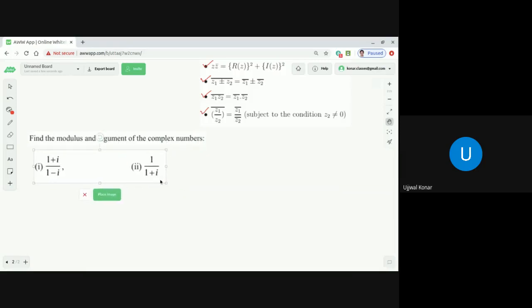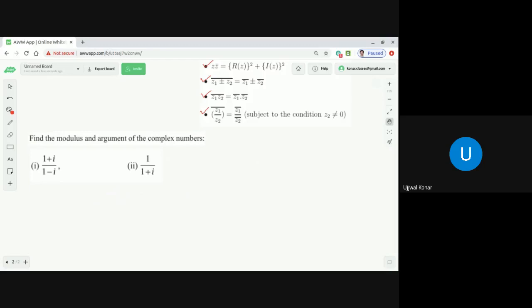So first, let me know, dear students, to find the modulus and argument of this complex number, what you need to do first? Can someone please answer? Multiply the numerator and denominator by 1 minus i. Correct.